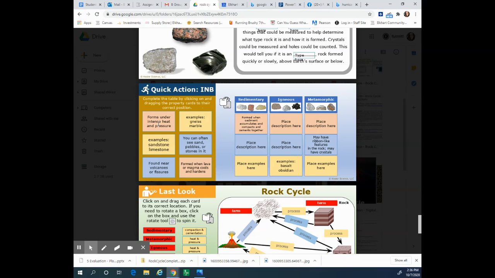So you're going to look at these and place your description under sedimentary, under igneous, or under metamorphic, okay? So you're going to put your examples here, your description of what it looks like here, and then how it is formed here.